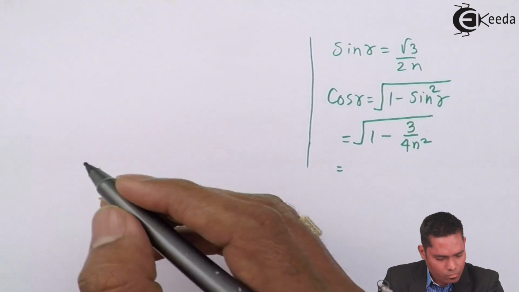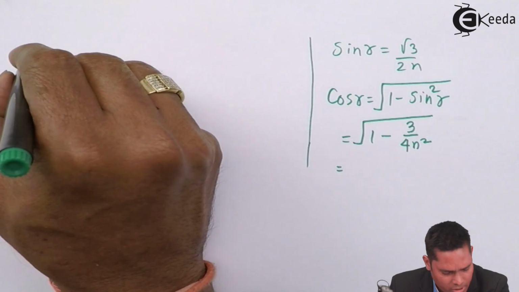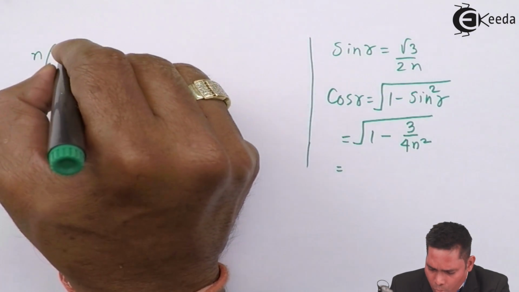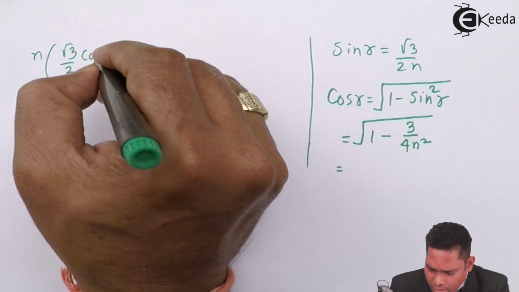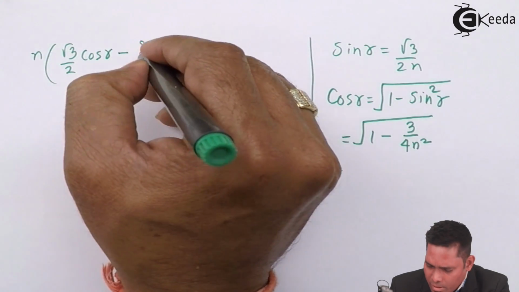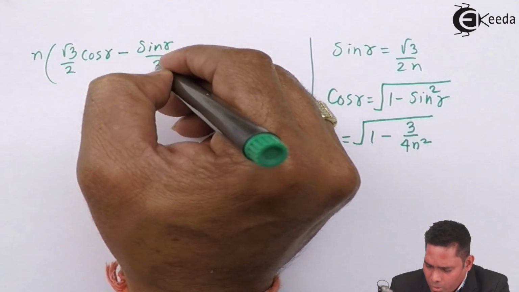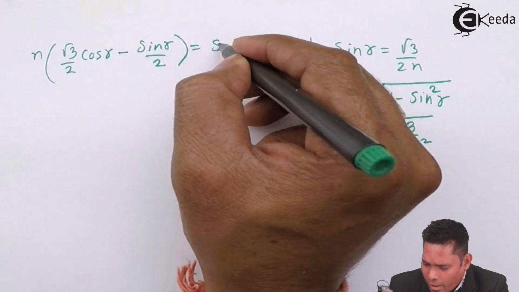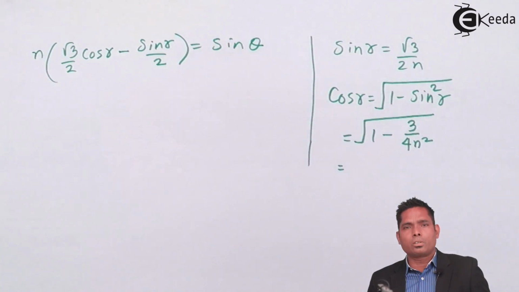We have already got this relation: n of root 3 by 2 cos r minus sine r divided by 2 equals sine of theta. This we have done so far.